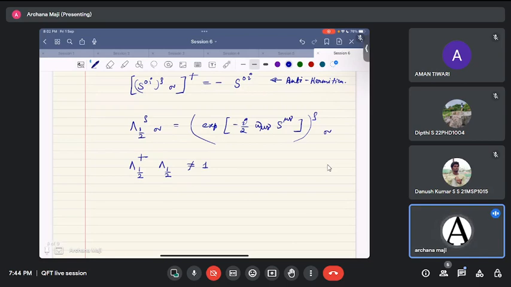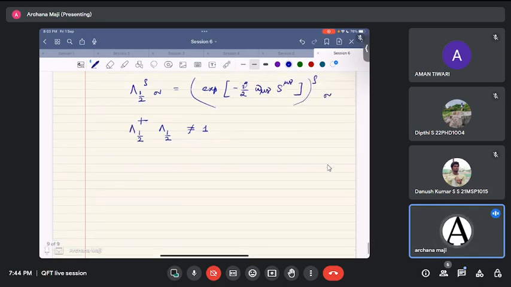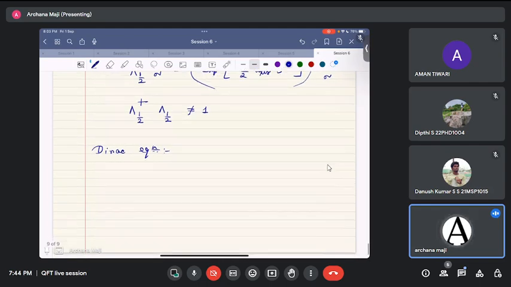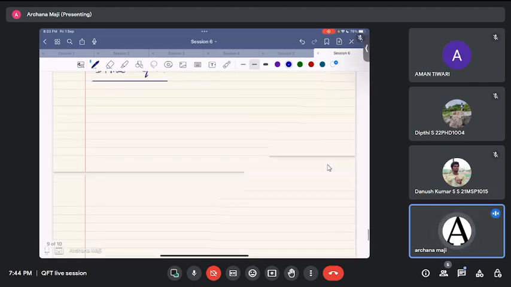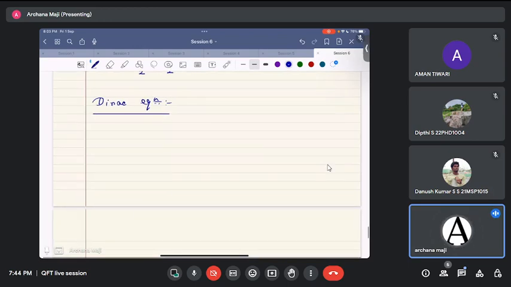Having said all of this, let's now write down the Dirac equation. Maybe in the next class we can see the corresponding Lagrangian or action, and then we can do some problems on these gamma matrices.